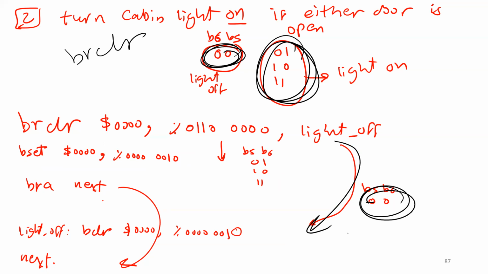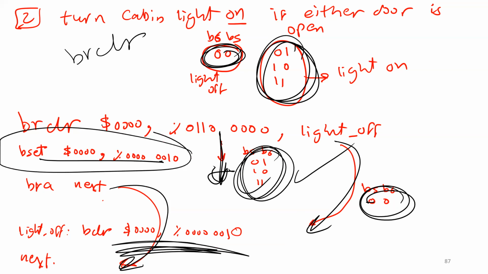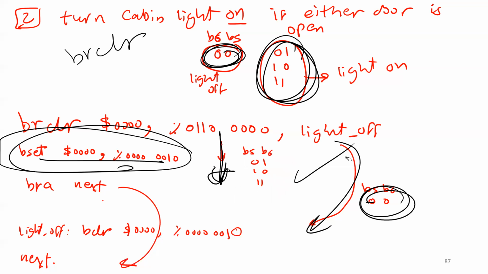If not, it means any one of these, so if the branch is not taken, I'm going to come to this one. In this case I have to do this one, and I have to skip this part, because only one of them should be executed at a time.